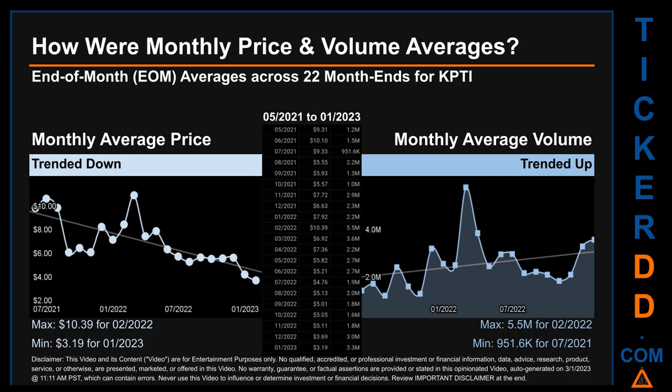The maximum end of month average price was $10.39 for 02/2022 while the minimum was $3.19 for 01/2023. Looking at volume, 02/2022 and 07/2021 respectively saw the highest and lowest monthly average volume at 5.5 million and 951.6 thousand.